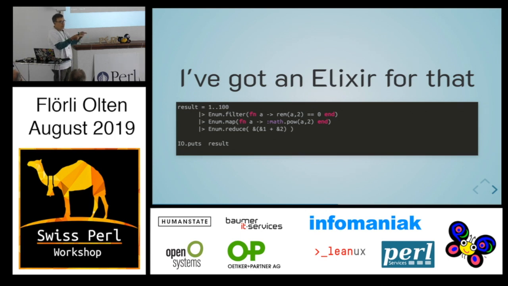So this is going to get the first 100 numbers, then it's going to take only the even numbers, and then it's going to elevate them to the power of 2, and then it's going to reduce them by summing them all together, right?